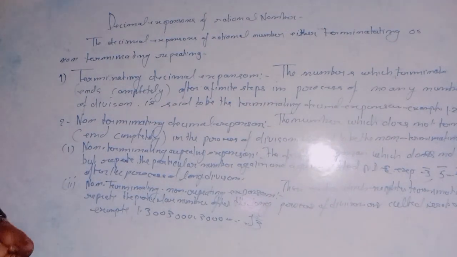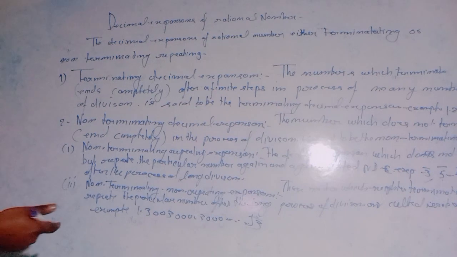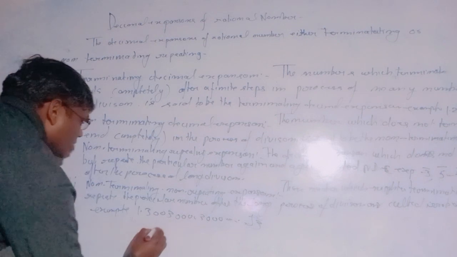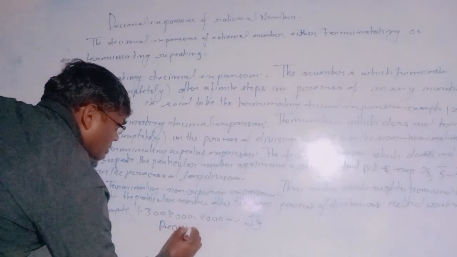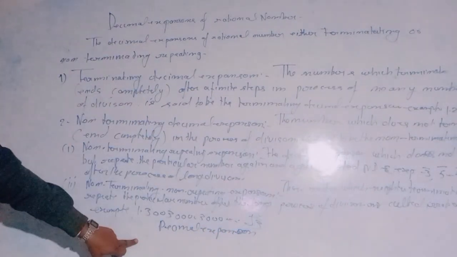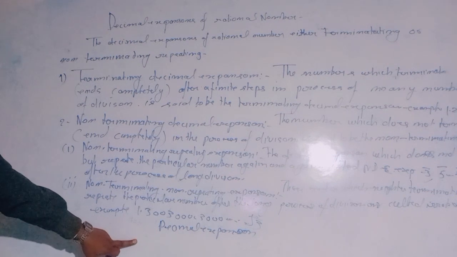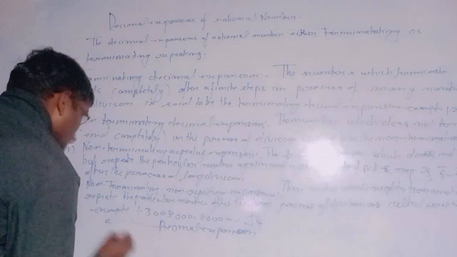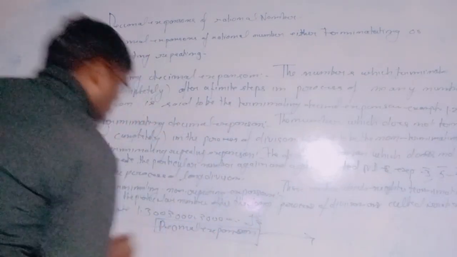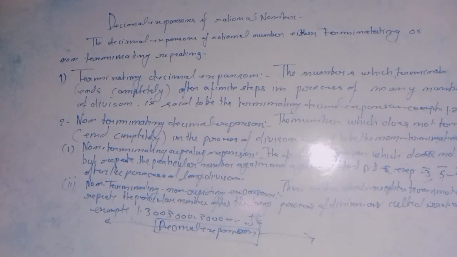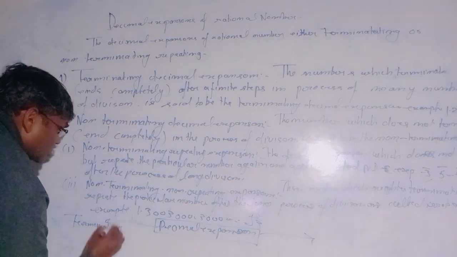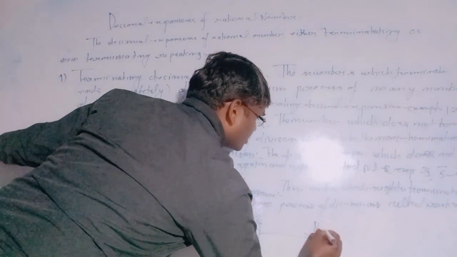By an outline we will try to understand that decimal expansions can be divided into two types. I have written here decimal expansions. The first is said to be terminating, and the second is non-terminating.